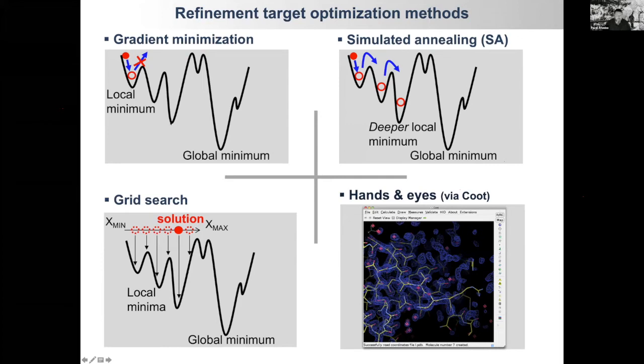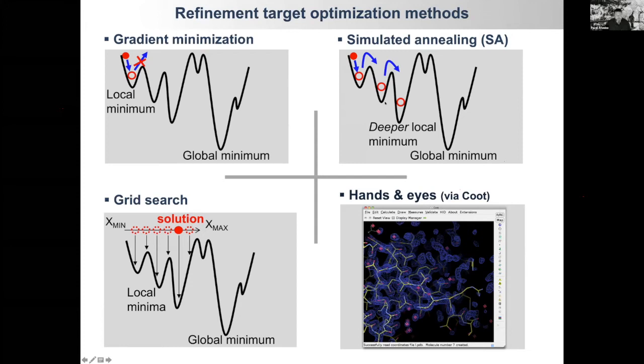You cannot get here, you cannot get here, you cannot get here, right? But that's where you want to get. That's how much gradient minimization can do for you. There are more advanced tools to overcome this problem called simulated annealing, which is a method that allows you to do optimization in a way that you can actually escape local minima and eventually get to a deeper local minimum. That's what simulated annealing does for you.